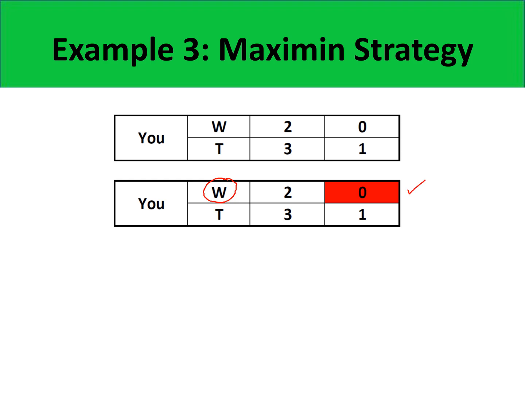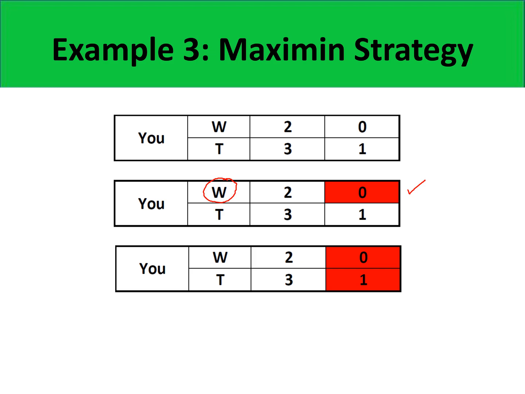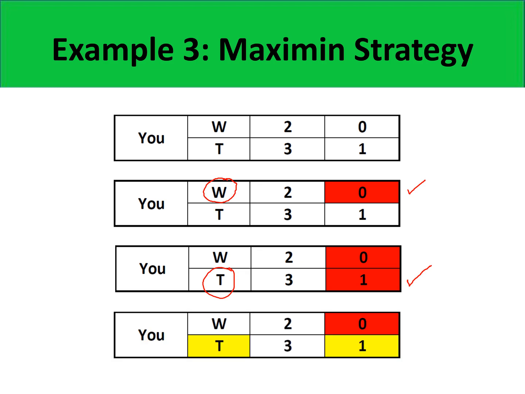Now, if the row player will choose to take it easy, his payoffs would be 3 or 1, and the worst value would be 1. Among the worst payoffs 0 and 1, we get the maximum, which is 1. This value corresponds to the strategy take it easy. So the maximin strategy of the row player is T, or take it easy.